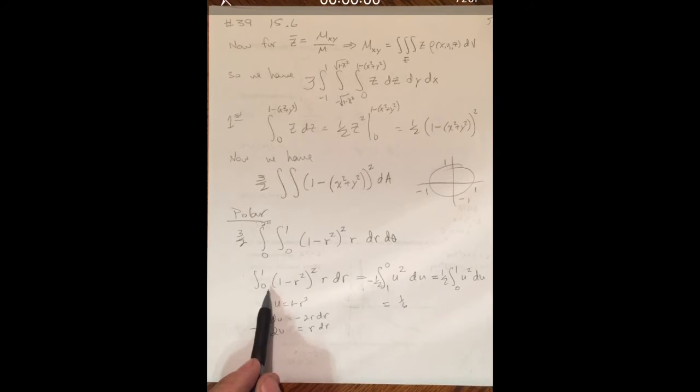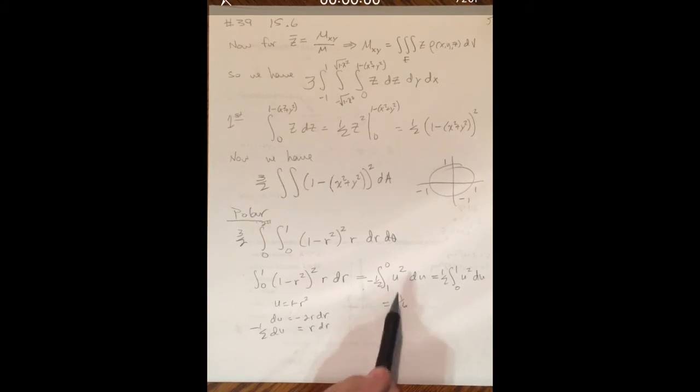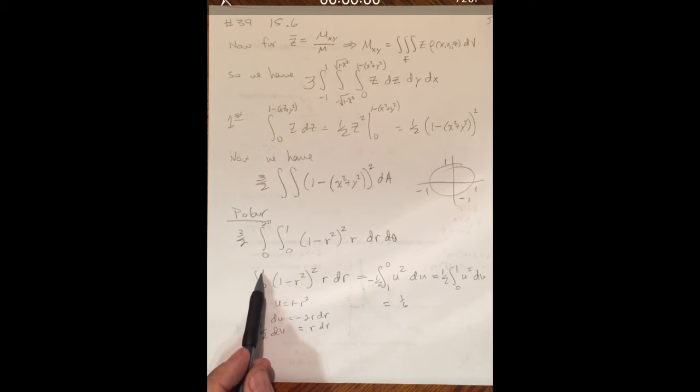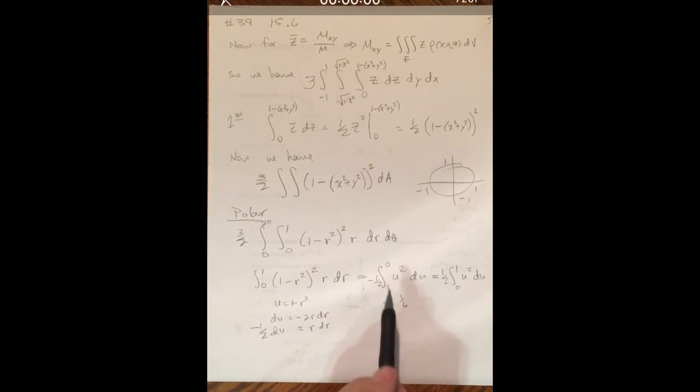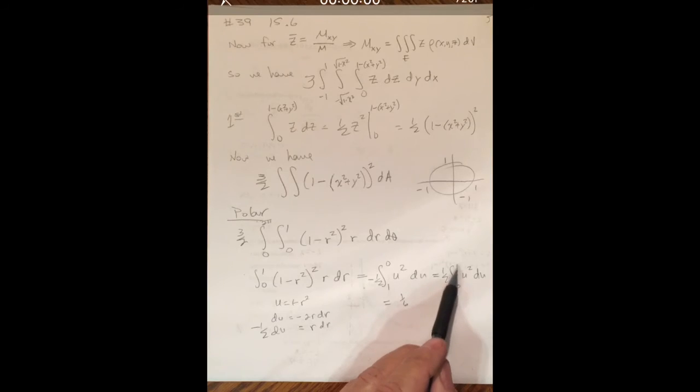Well, I change the limits. When r is 0, u is 1. And when r is 1, we have 1 minus 1 is 0. So to switch these, I pay a tax of a minus sign. So I've got 1/2 times the integral 0 to 1 of u squared. That's u cubed over 3. And we just pick up a 1/6.